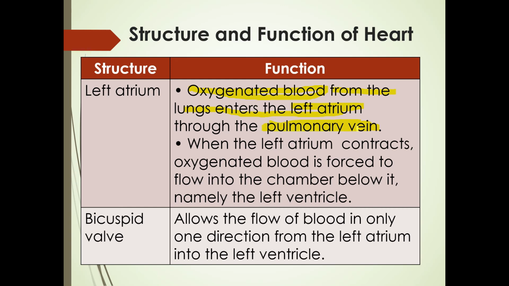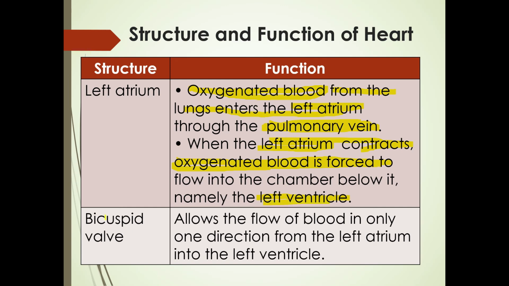So when the left atrium contracts, it's the same as the right atrium. When it contracts, it will force the oxygenated blood to the chamber below it that we call the left ventricle. It's just the same as the right atrium, just the left side and the type of blood being forced, whether oxygenated or deoxygenated.